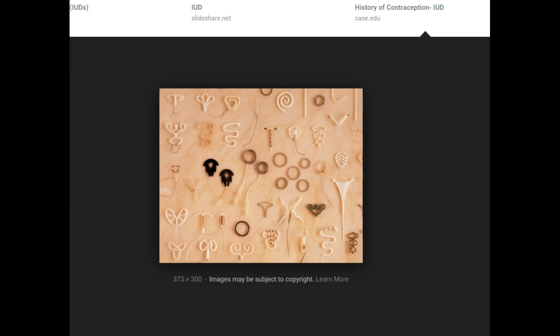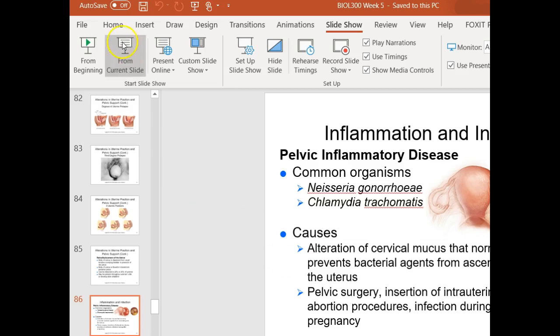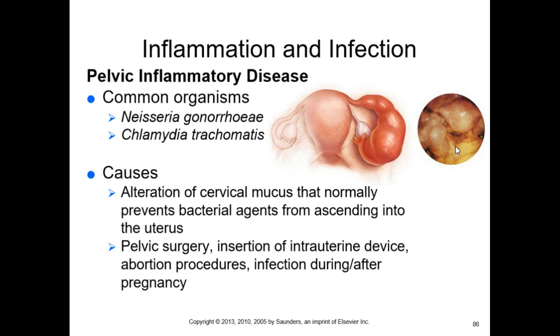Yeah, using elephant dung. Yeah, birth control is a rabbit hole subject. We could go on that forever.